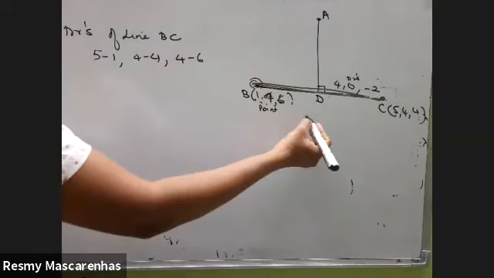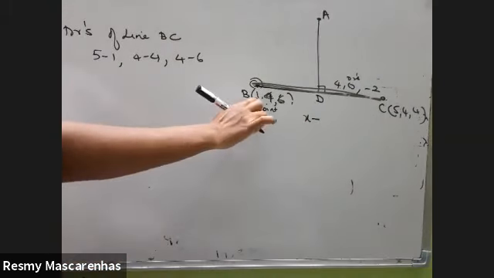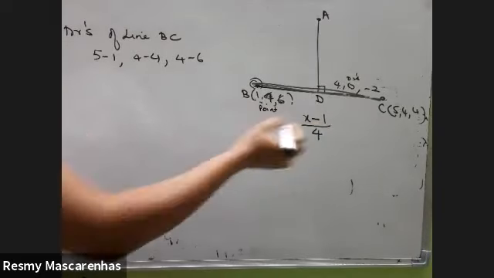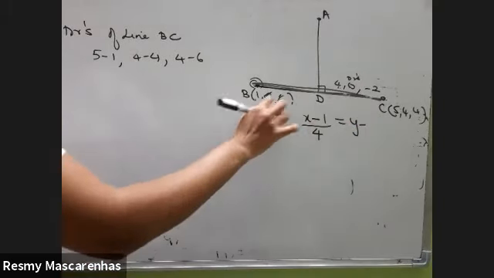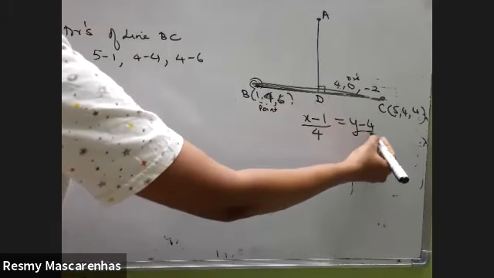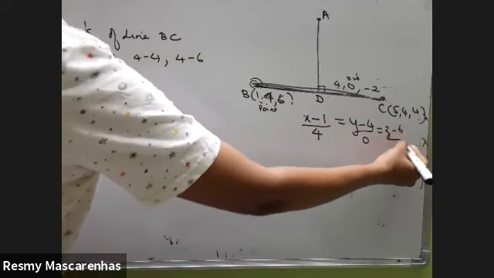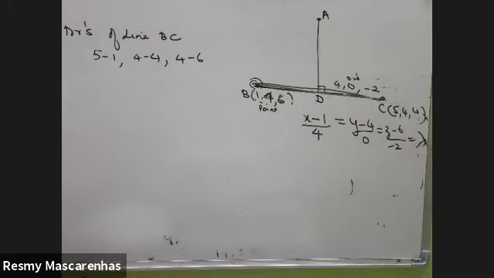So how to find a Cartesian equation? Always x minus the point, that is 1, upon its corresponding direction ratio, then y minus the point upon, z minus the z coordinate upon, equals lambda. So you got your Cartesian equation.